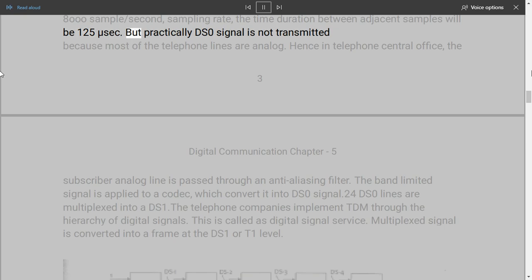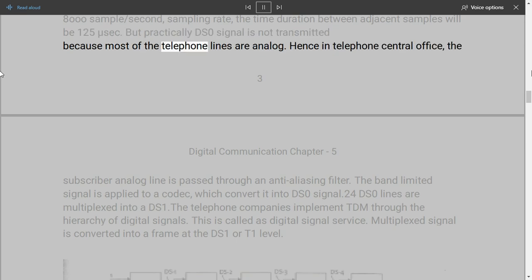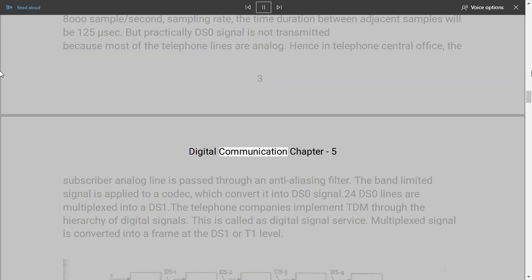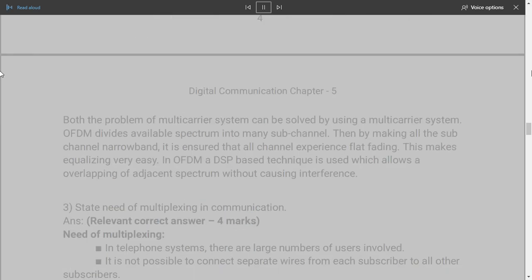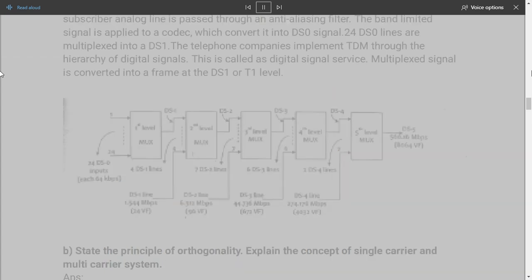But practically the DS0 signal is not transmitted, because most of the telephone lines are analog. Hence in the telephone central office the Digital Communication Chapter 5. Subscriber analog line is passed through an anti-aliasing filter.